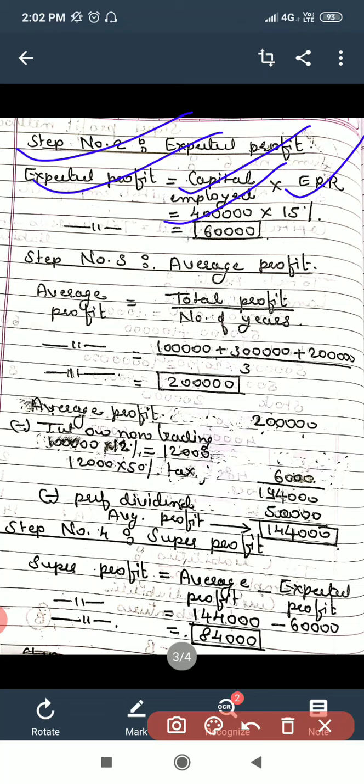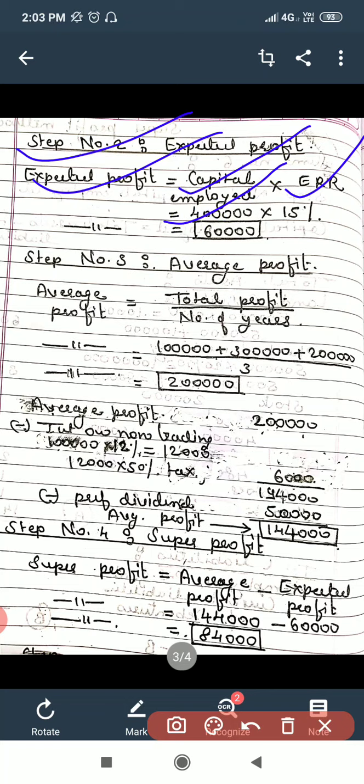I am reading it for you all. The risk-free rate of return is 10%, and the rate of risk involved in the business is estimated at 5%. So this is how the information related to the expected rate of return has been provided to you, in a different form: the risk-free rate and the risk involved in the business.